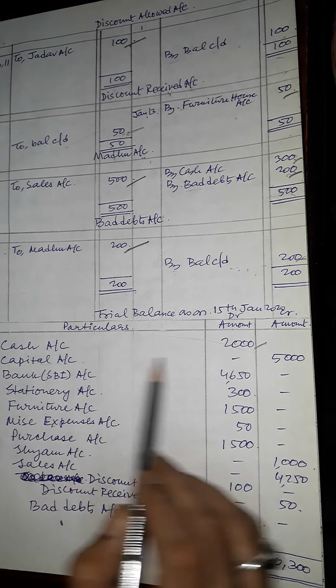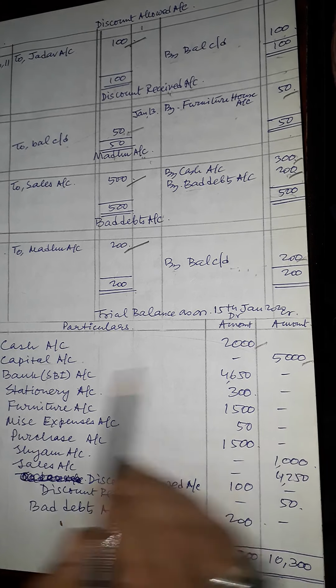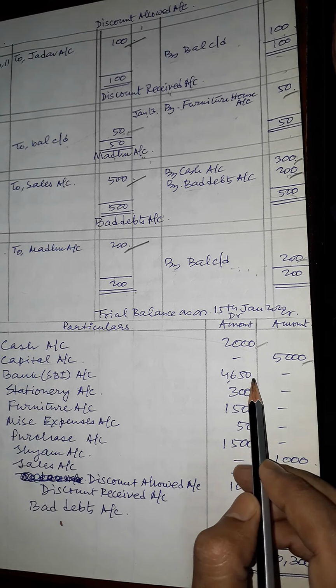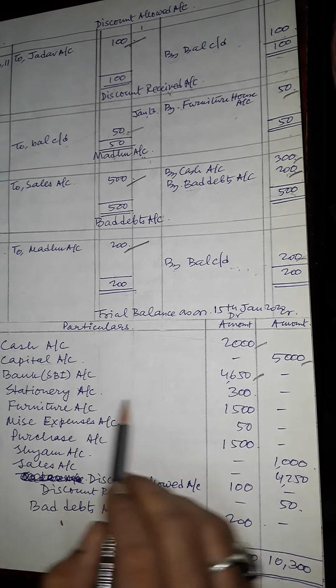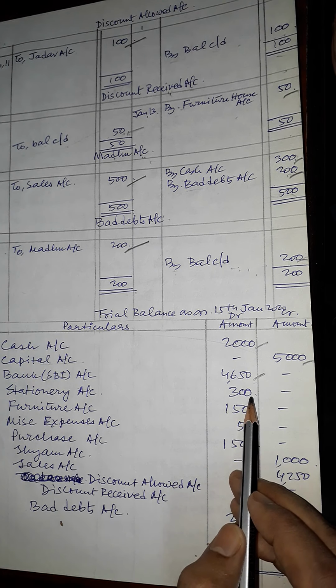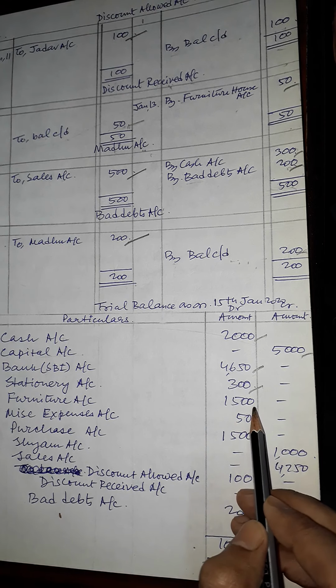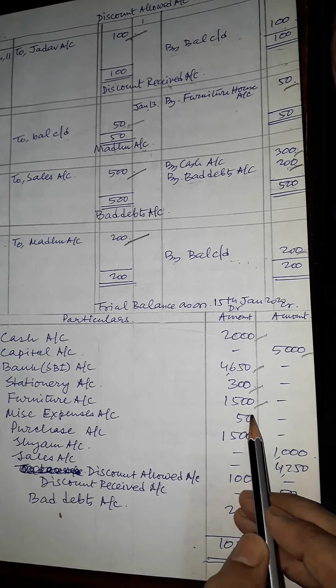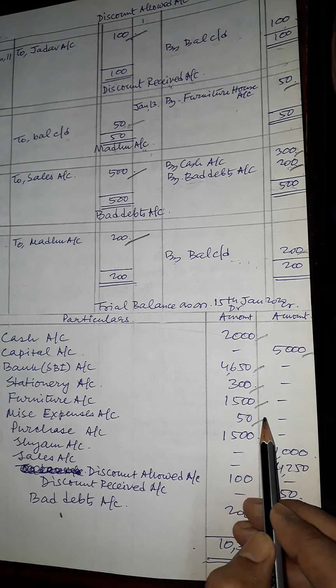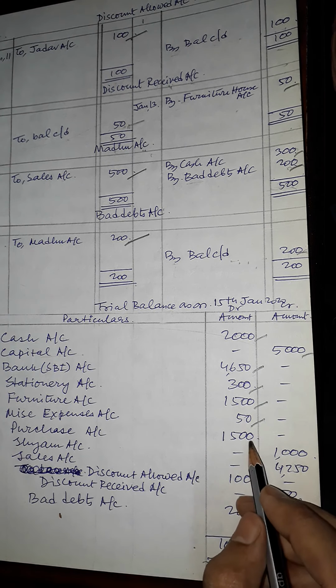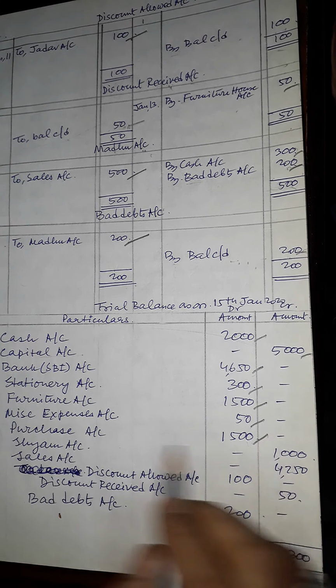Capital account 5000 credit balance. Bank account debit balance 4650. Stationery account 300 debit balance. Furniture account 1500 debit balance. Miscellaneous expenses 50 rupees debit balance. Purchases account 1500 debit balance.